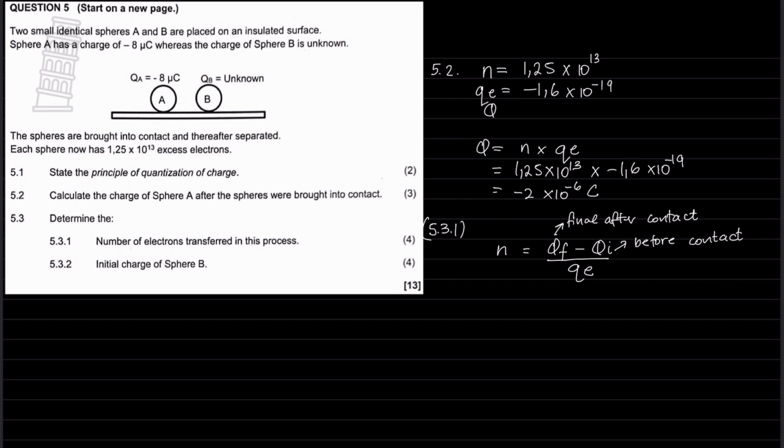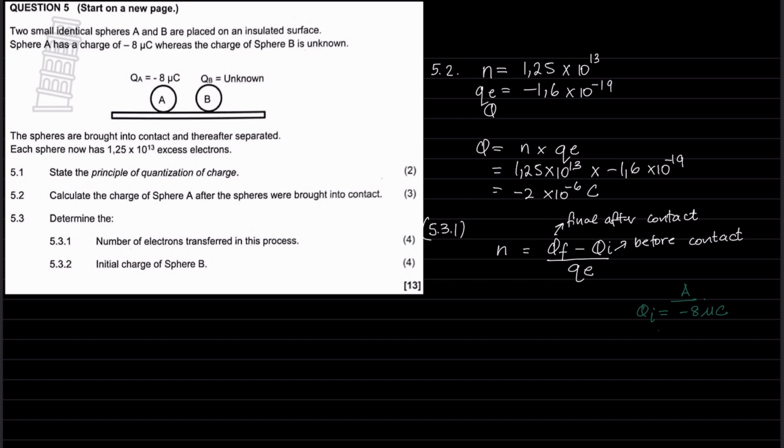Now, since we don't have enough information for B, we have to use A. It doesn't matter though, because the answer will still be the same. So let's look at A. For A, we know the charge before contact. The Q initial value was given to us as -8 microcoulombs.